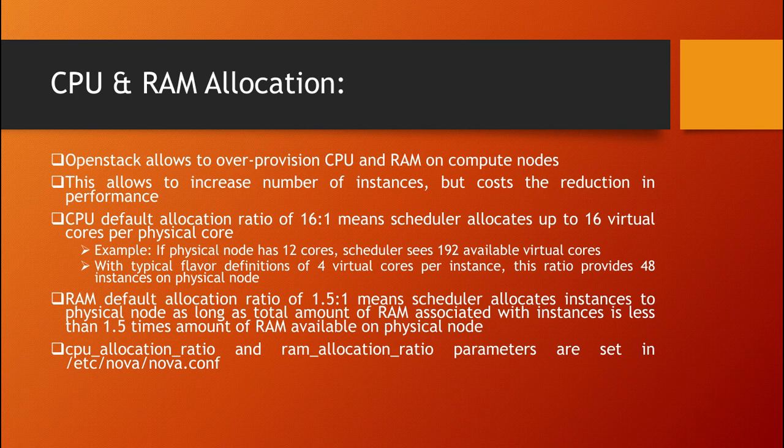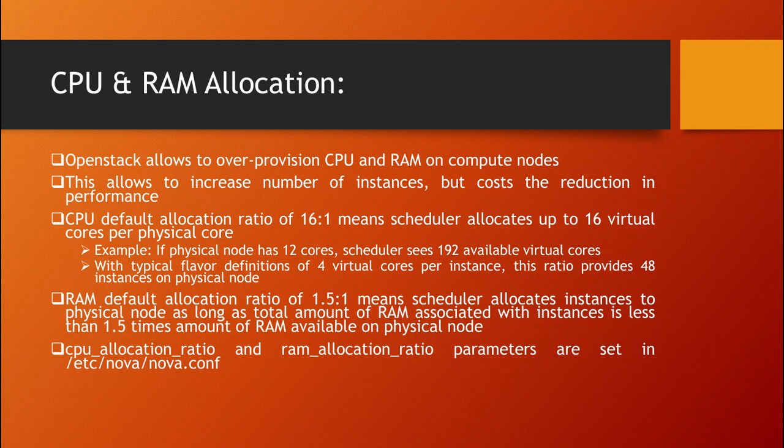By default, for CPU the allocation ratio is 16:1. That means if you have one CPU, the scheduler can allocate up to 16 virtual cores to instances. So it's like one physical core being divided into 16 virtual cores. If you have a physical node which has 12 cores, the scheduler can see 12 times 16, that means 192 available virtual cores.